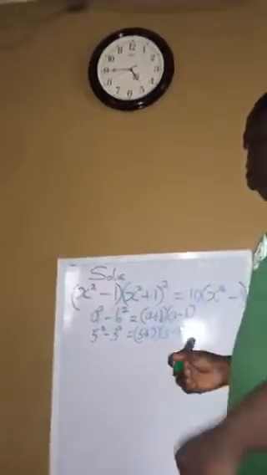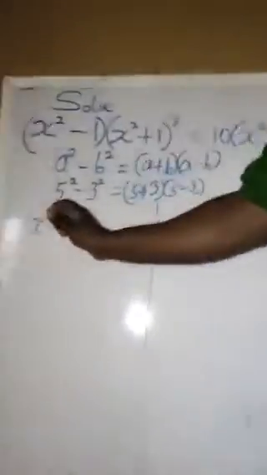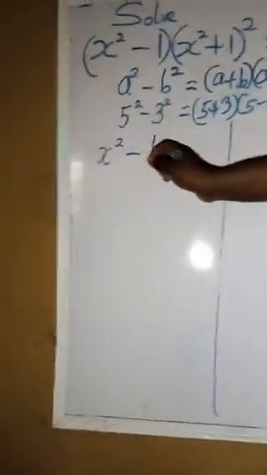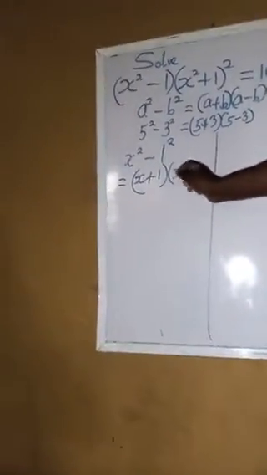x squared minus 1 here is the same thing as x squared minus 1 squared, and that is equal to x plus 1 times x minus 1.